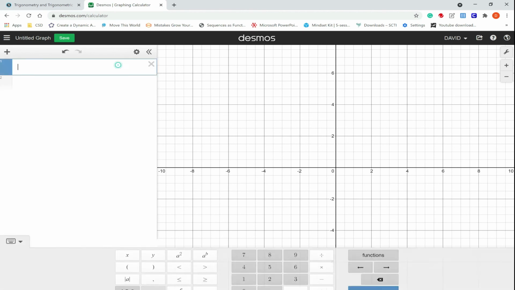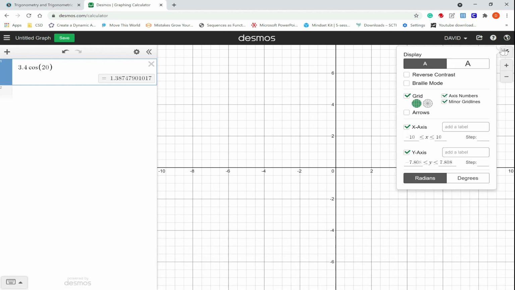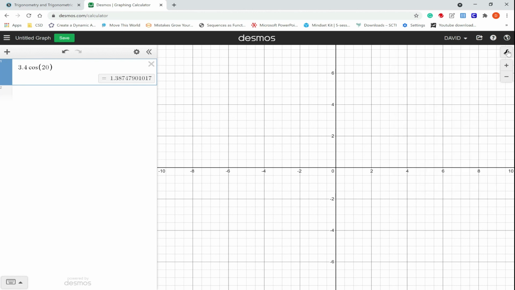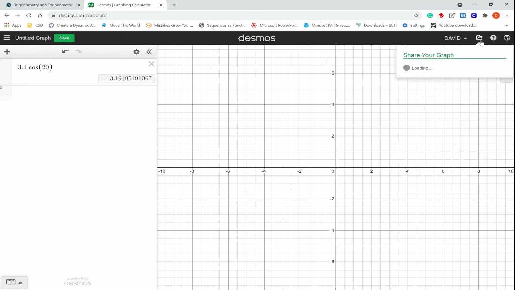Clear everything else out. Run through 3.4 cosine of 20. Now, we want to make sure we're in degrees. Right now, the calculator is in radians, so to switch to degrees, you click the wrench and just switch to degrees, and we had 3.19.